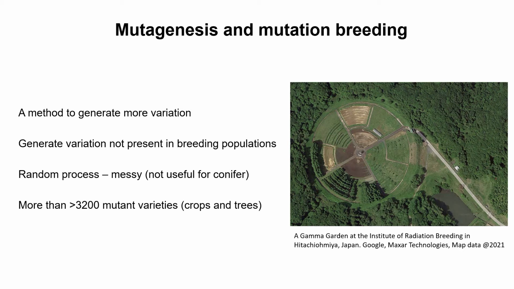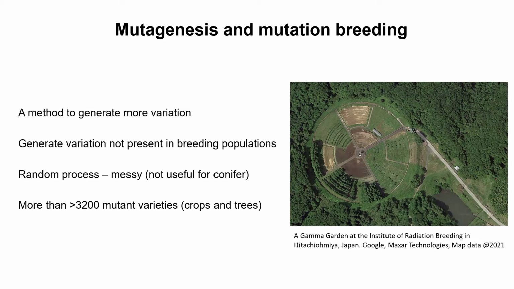There are several ways you can do this. You can do it with either chemical or physical mutagens, and a lot of different methods have been tried. On this slide I've put an example of one of the more interesting ones, which is radiation breeding. This is what's called a gamma garden, and these used to be very common, but now there are very few left.